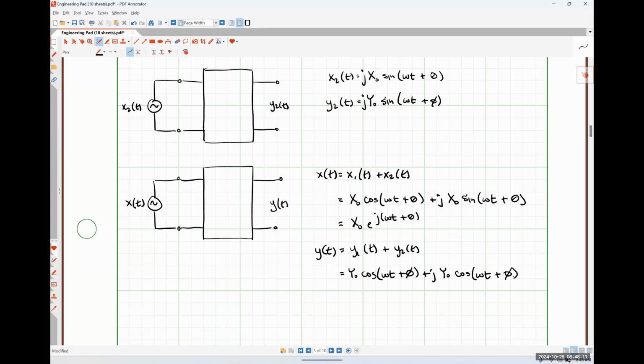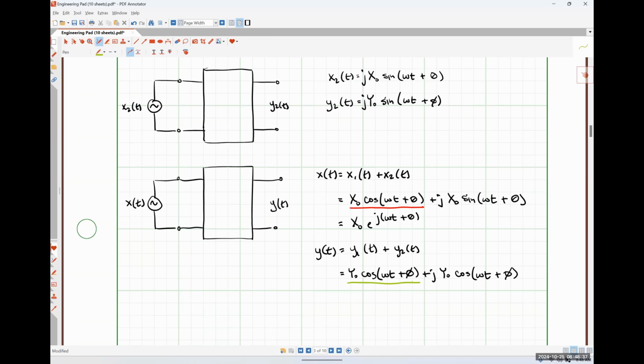And we could add those together to make a complex number as well, but I'm not going to, okay? So the reason I'm not going to is because I want us to make an observation. The real part of our input signal gives us the real part of our output signal.